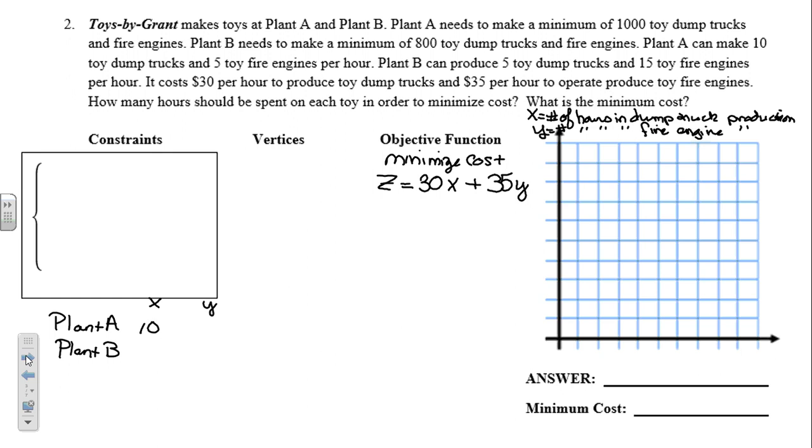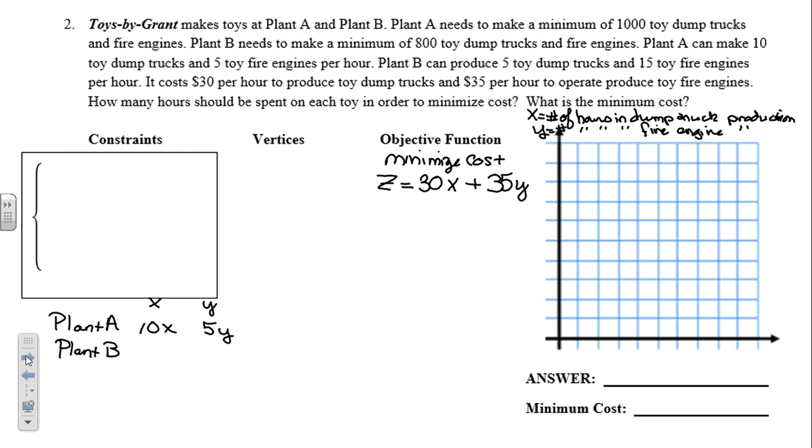So 10x, right? 10 per hour times however many hours, plus 5 fire engines per hour times however many hours they're making fire engines. Now think about this: 10 dump trucks per hour times hours. Hours are going to cancel, aren't they?